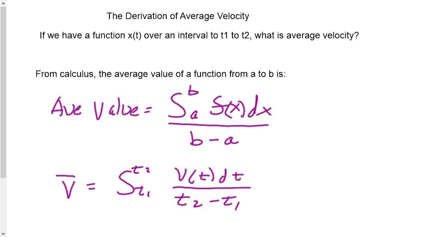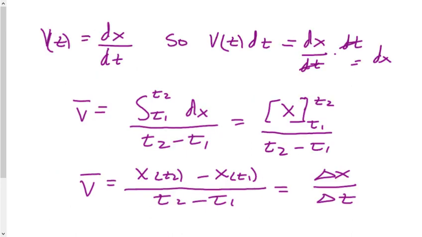So what does that become? Well, v of t is actually the derivative of x with respect to t, so dx/dt. So I'm going to substitute this expression right where I see v of t, which equals dx/dt times dt.